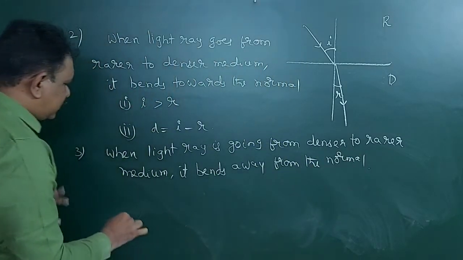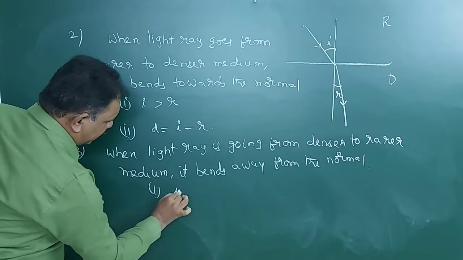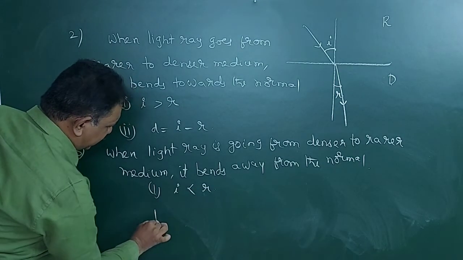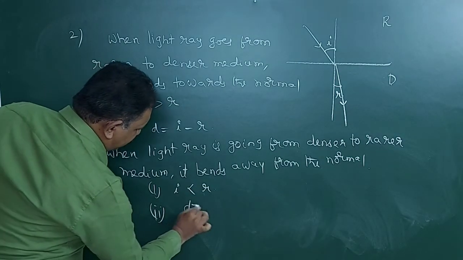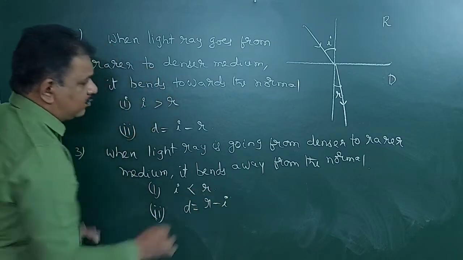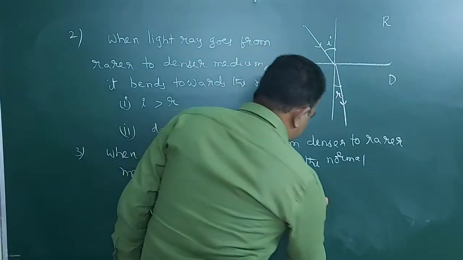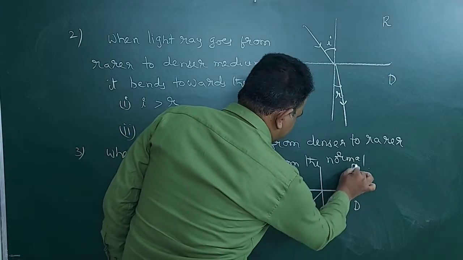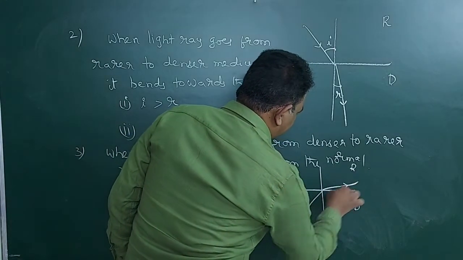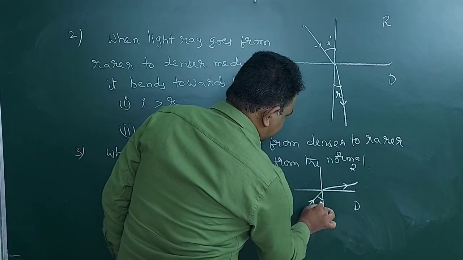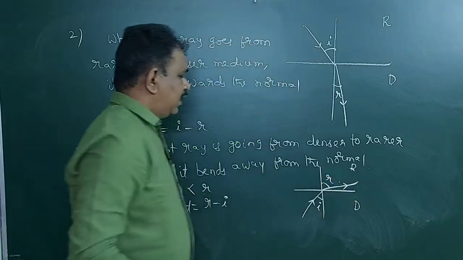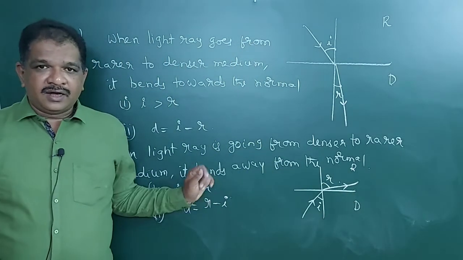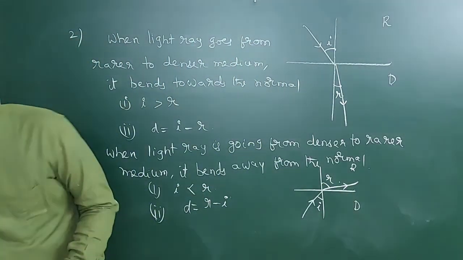In this case, I value will be less than R, and the deviation value is equal to R minus I. This is the denser medium. This is the rarer medium. Light ray comes like this. This is I and this value will be R.